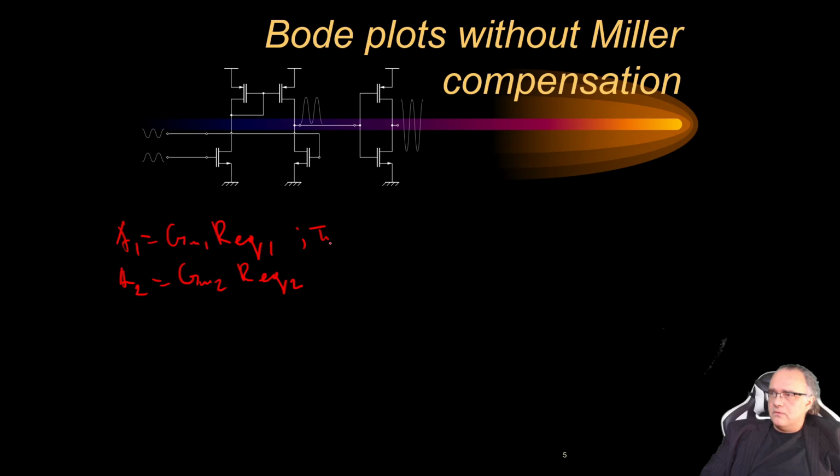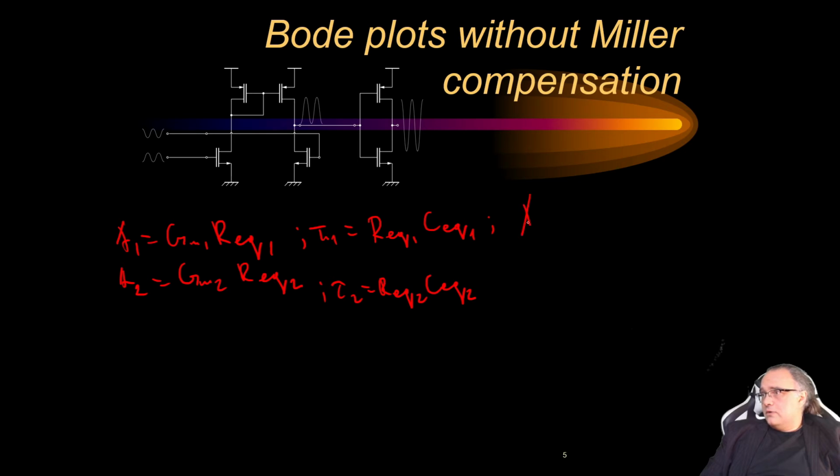Say tau 1 will be R equivalent 1 C equivalent 1, and then tau 2 will be R equivalent 2 C equivalent 2. Now these time constants will determine the poles.